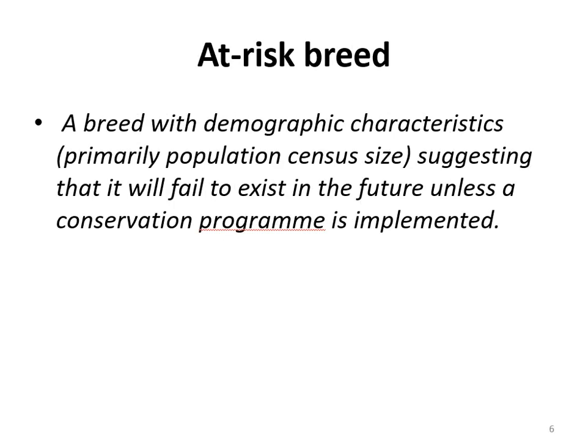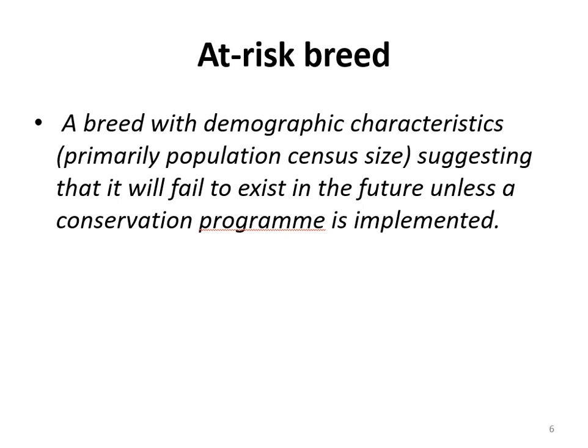And a breed is considered at risk once its population becomes very low in number. For example, we start thinking that it will fail to exist in future unless we start a conservation program to save that breed. So that breed is considered at risk.